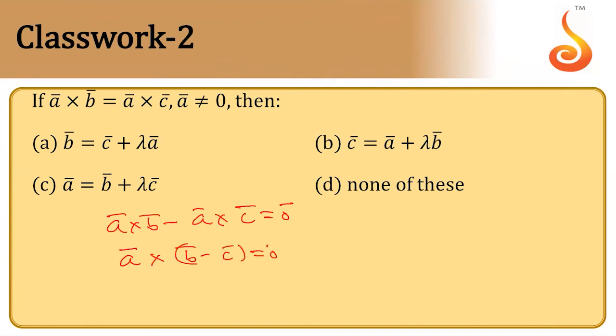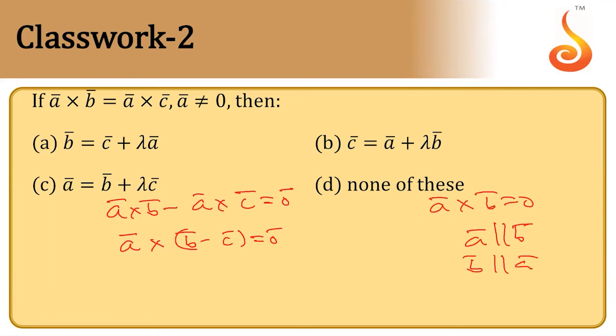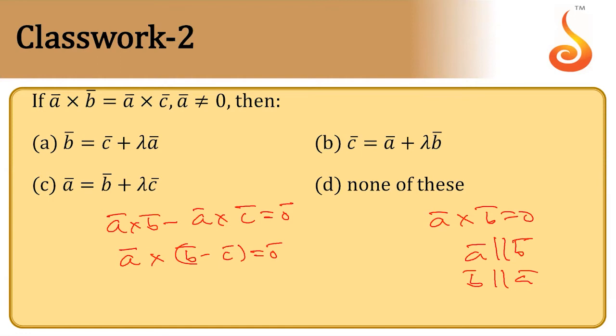For the cross product of two vectors, generally if A bar cross B bar equals 0 bar, it means A bar is parallel to B bar, or B bar is parallel to A bar. Now here, B bar minus C bar is parallel to A bar. If two vectors are parallel, then B bar equals lambda A bar or A bar equals lambda B bar. So B bar minus C bar equals lambda A bar.